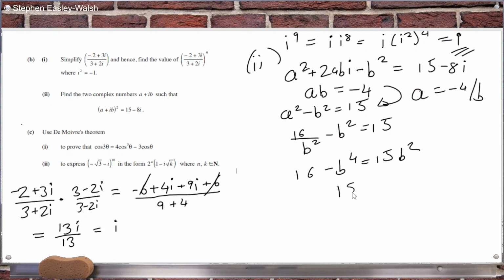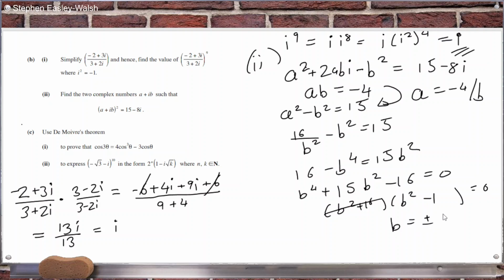So I get b to the 4 plus 15b squared minus 16 equals 0 if I take everything to the right. So factorizing, I have b squared plus 16, b squared minus 1. The first one doesn't make any sense because that can't ever equal 0. So b equals plus or minus 1.